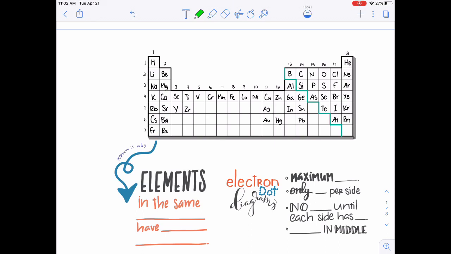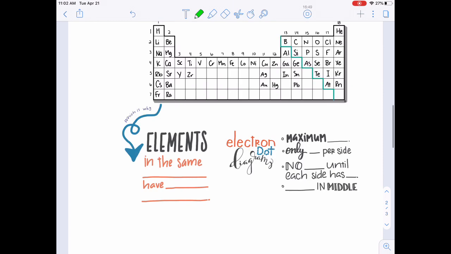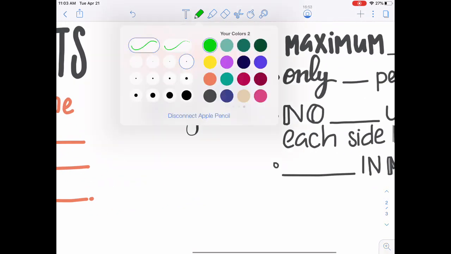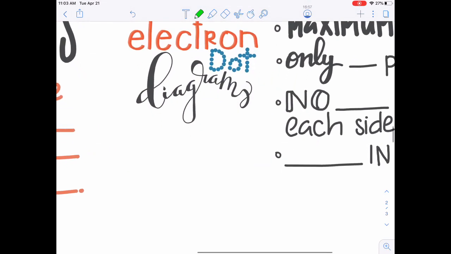And I did plug in some of the elements to help us kind of as a guide as we talk about electron dot diagrams. So first of all, what is an electron dot diagram? The electron dot diagram uses the element symbol and dots to represent electrons.